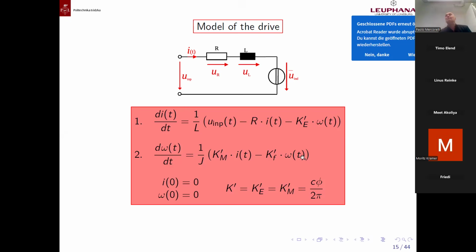The second equation in particular represents the dynamics of the mechanical system, using the velocity. The first equation represents the dynamics of the electrical part of the system using the current. Why are we using the current in the first equation as variable? We say that it is the state variable. In the second equation, we use omega, and we say that omega is the state variable.